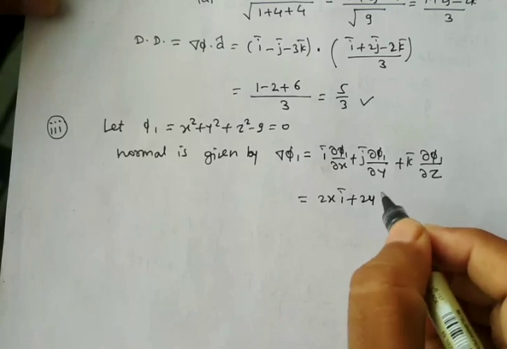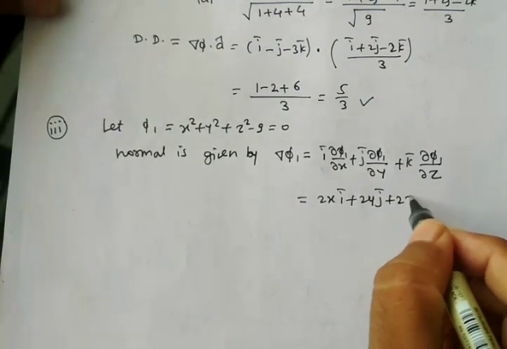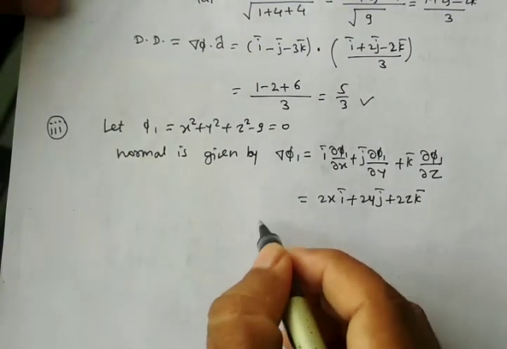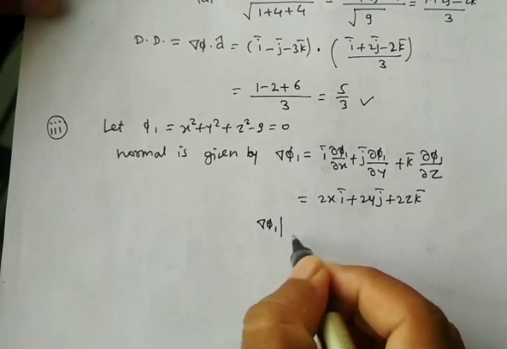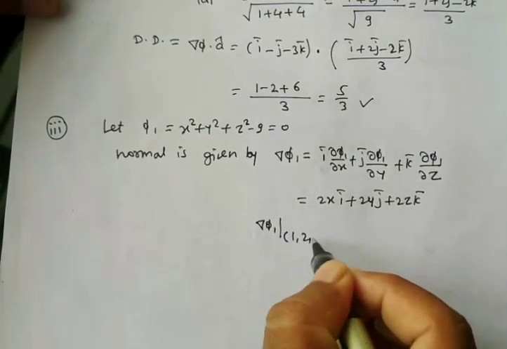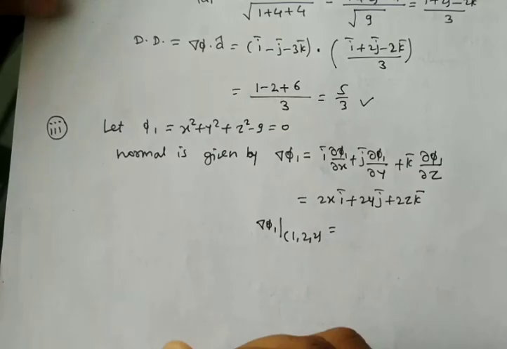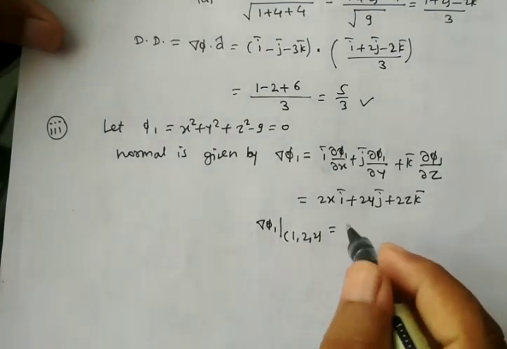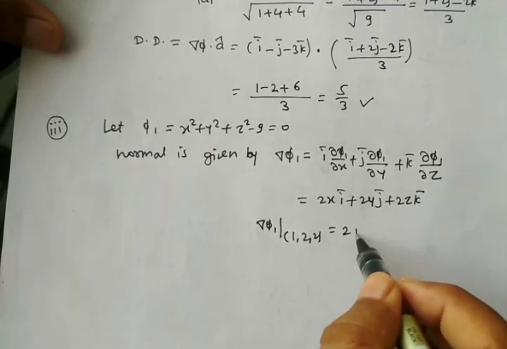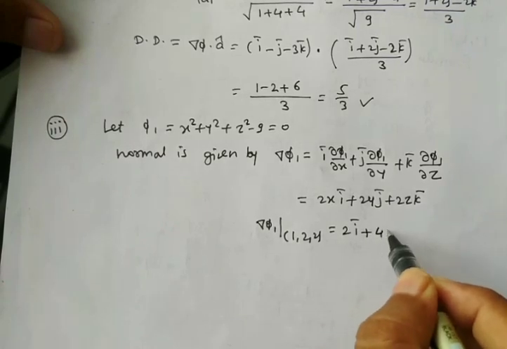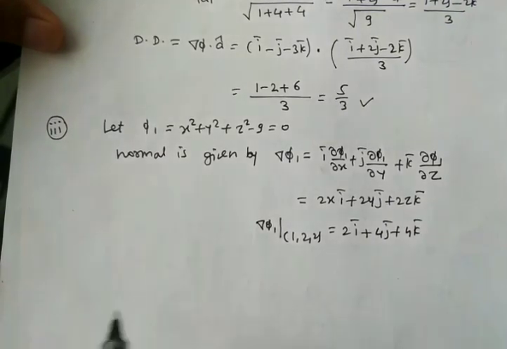Similarly del phi 1 by del y, that is 2y into j bar, plus 2z into k bar. Now the normal to this surface phi 1 at point 1, 2, 2. That means put x equals 1, y equals 2 and z equals 2. So it gives 2i bar plus 4j bar plus 4k bar.